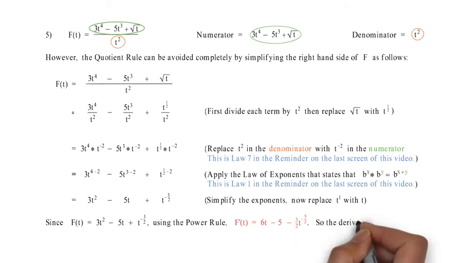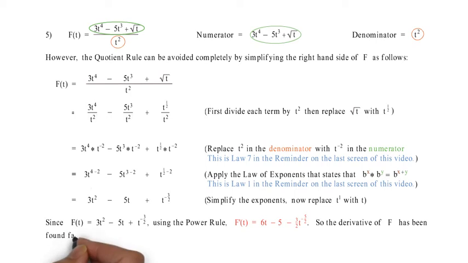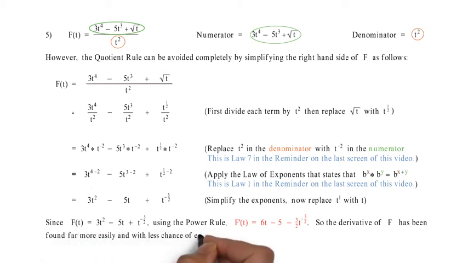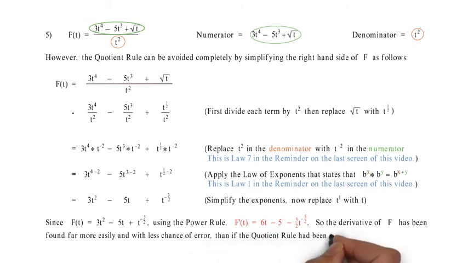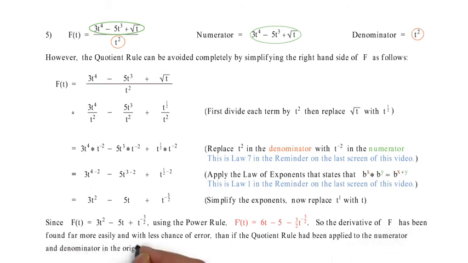So the derivative of f has been found far more easily and with less chance of error than if the quotient rule had been applied to the numerator and denominator in the original equation.